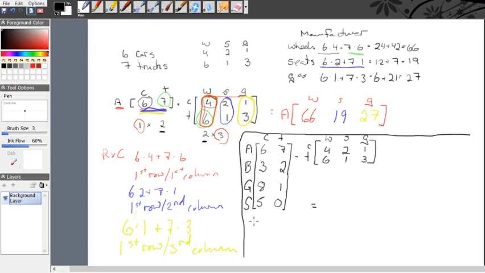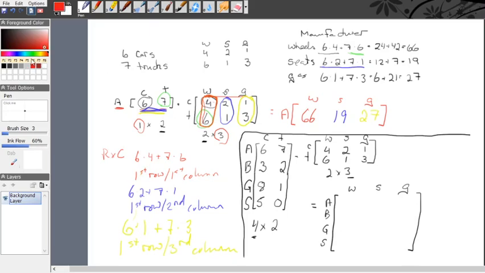I've got a 4x2, 4 rows and 2 columns, and a 2x3, which means that the resulting matrix is going to be a 4x3. So let's draw the matrix. I've got Armerding, Brannon, Guyash, Schick, and I've got wheels, seats, and gas tanks. As you can see, this is going to be a long, involved calculation.